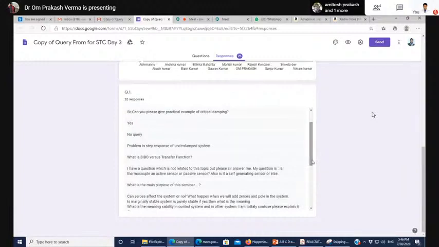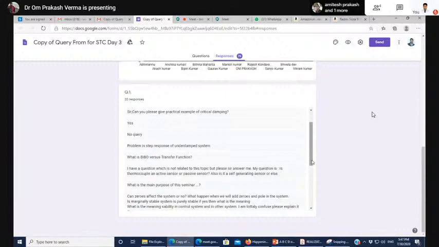We supply this type of input to the second order or first order system and find out the response. The under damped response is one of those responses, and we are analyzing that response only, so there is no problem in the step response.